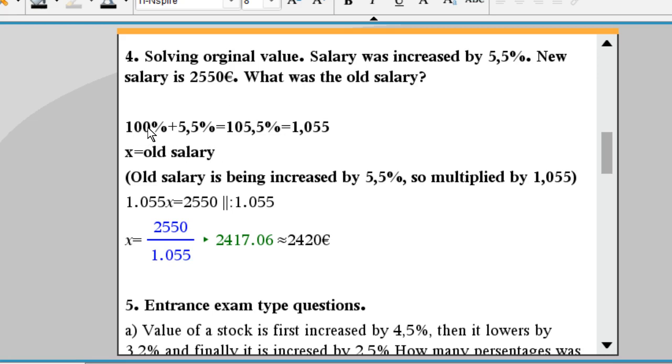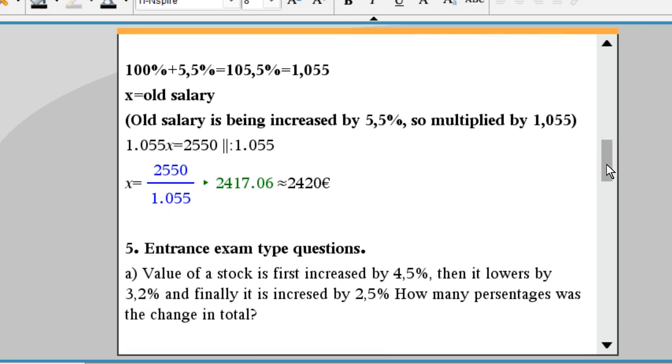And you see, we calculate the multiplier first. That's important. Almost every time you do this, you calculate the multiplier. Because the salary was increased, it's 100% plus 5.5%, and we get the multiplier 1.055. Here this has to be done with an equation.